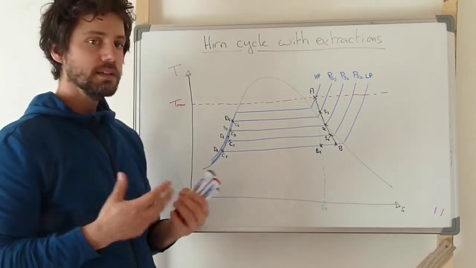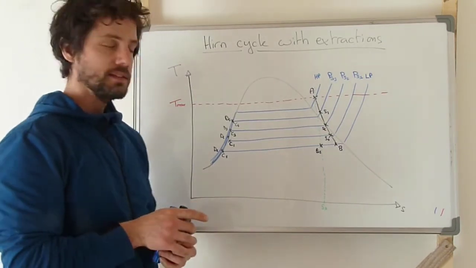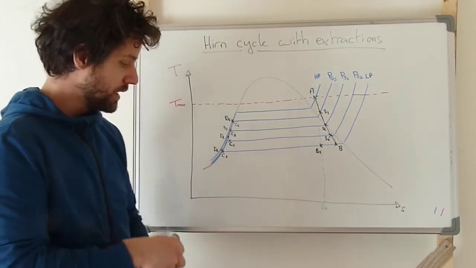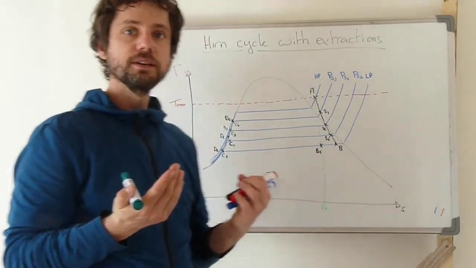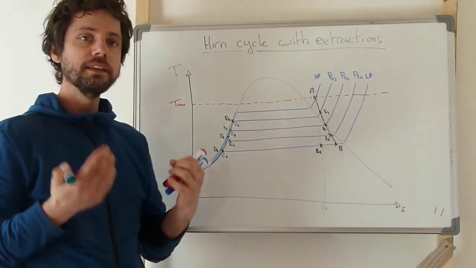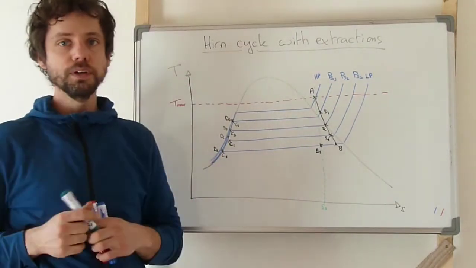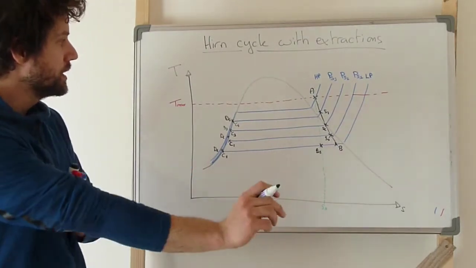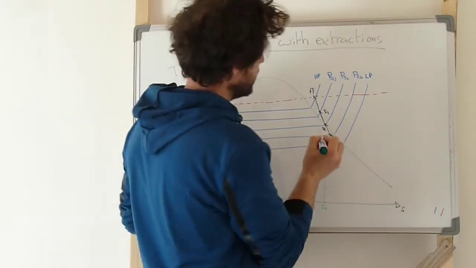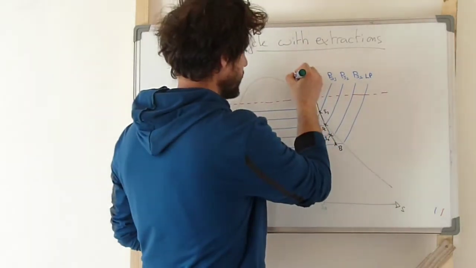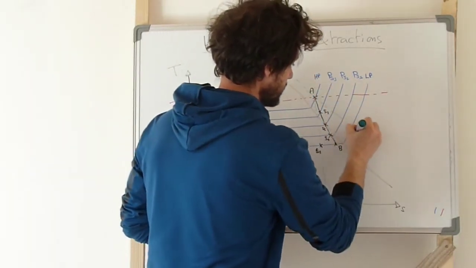So, how to understand the effect of this on the cycle efficiency? I think the best way would be to plot schematically a few iso-enthalpy lines. The iso-enthalpy line has a shape going down, and so, for example, the iso-enthalpy line that is crossing point A will have a shape like this.